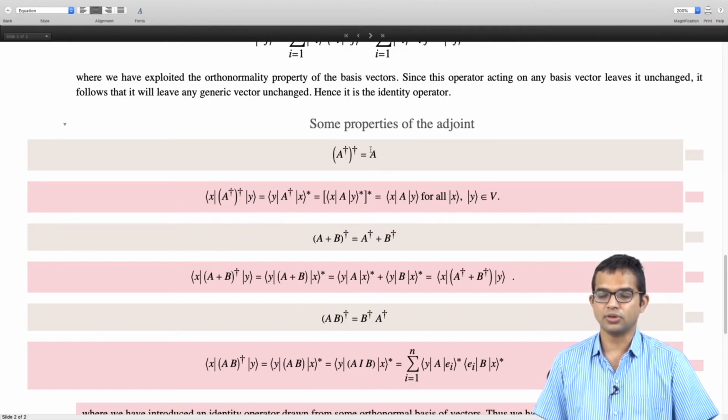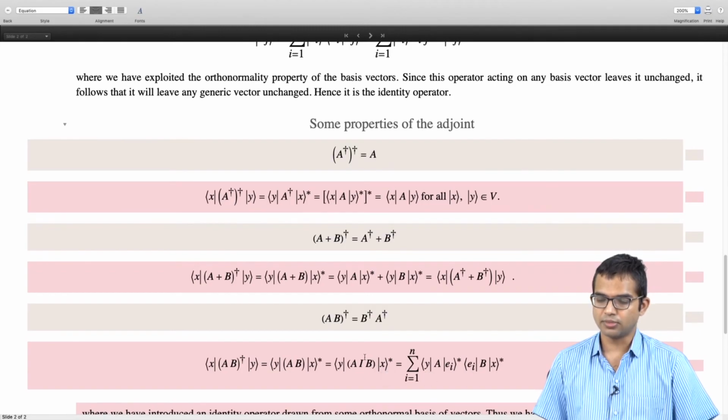So you have some orthonormal basis for your overall space, and so you can write it in terms of EI. So you have Y A EI star of this EI B X star. I have skipped a couple of steps here.